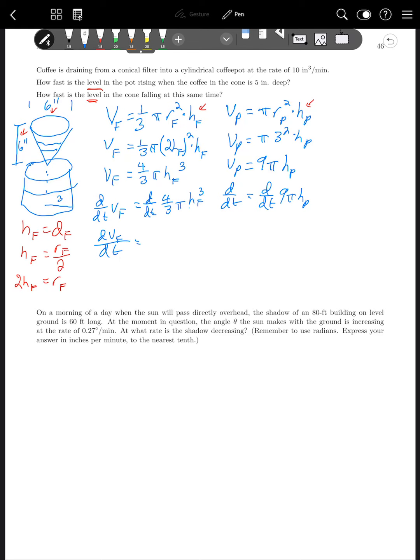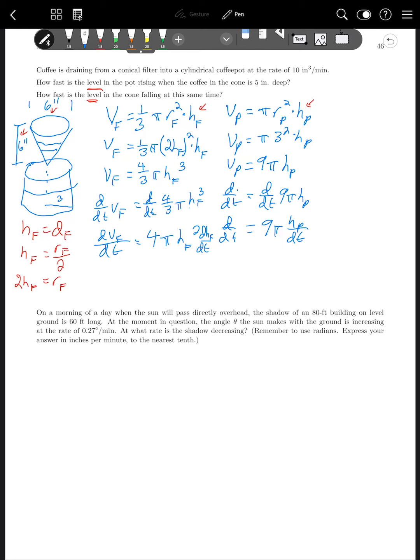We bring the 3 down, which cancels with this 3, so we end up with 4 pi h of f squared times d of h of f over d of t. Don't forget that we took the derivative with respect to a different variable, so we get that term because we used implicit differentiation. And for the other one, we get 9 pi dh of p dt.